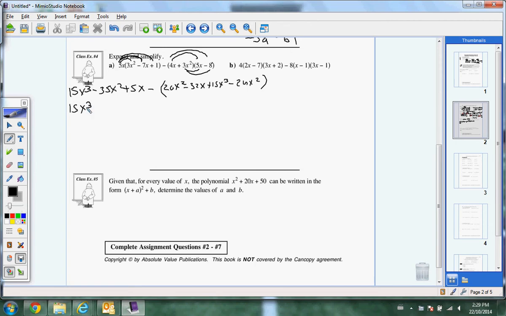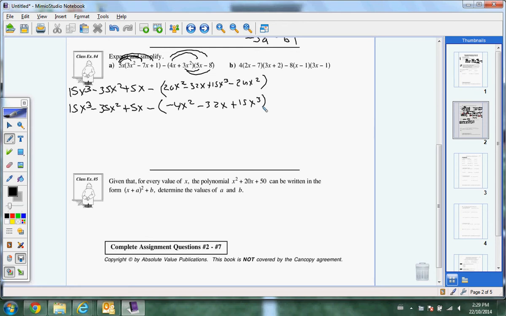So I'm going to go 15x cubed minus 35x squared plus 5x minus this group. 20 minus 24 is a negative 4, minus 32x plus 15x cubed. Generally, I like to put my bigger exponents in front, especially if your answer, like right now, is not a huge deal, but we can do that in a second.